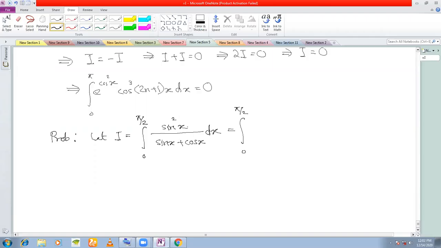Why am I applying this property? That is the basic thing that you must understand. I'm applying this property because if I replace x by pi by 2 minus x, I'll get a cos square, and you know that sine square plus cos square is 1. That is why we apply this property. So sine square, replace x by pi by 2 minus x.